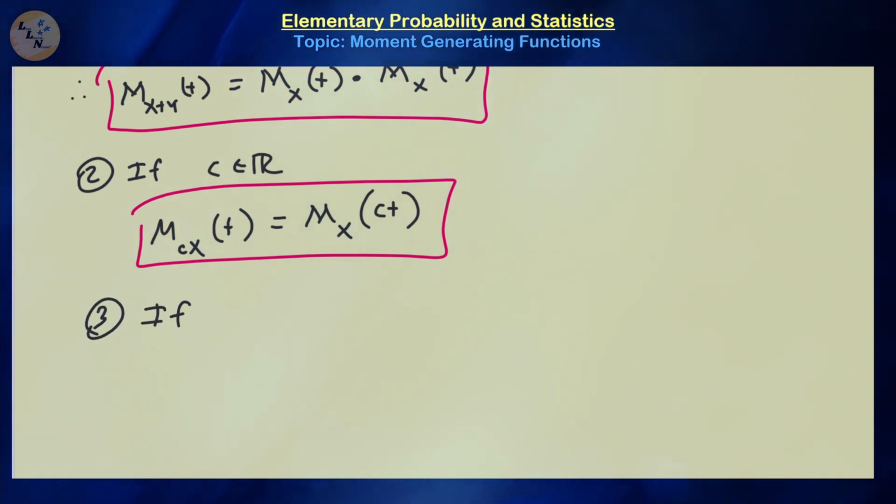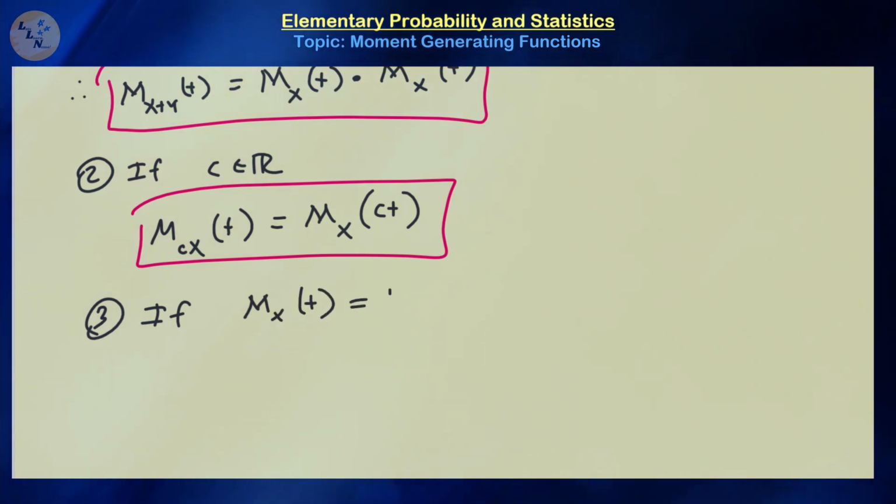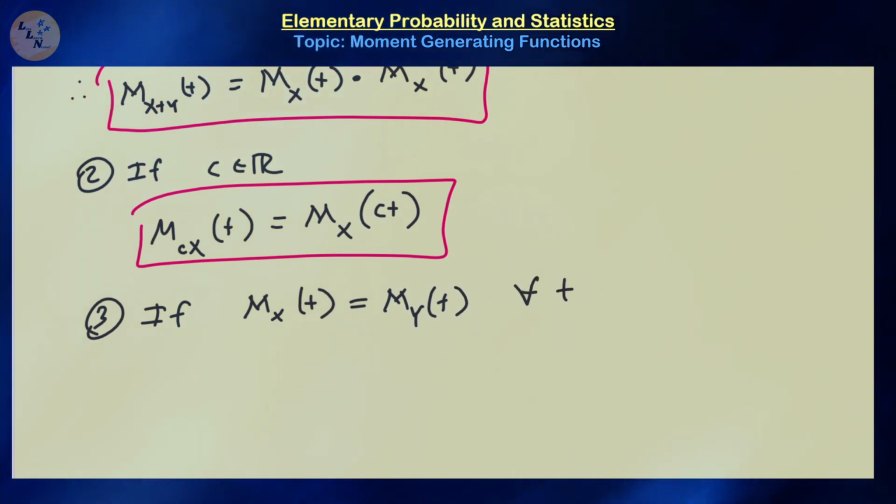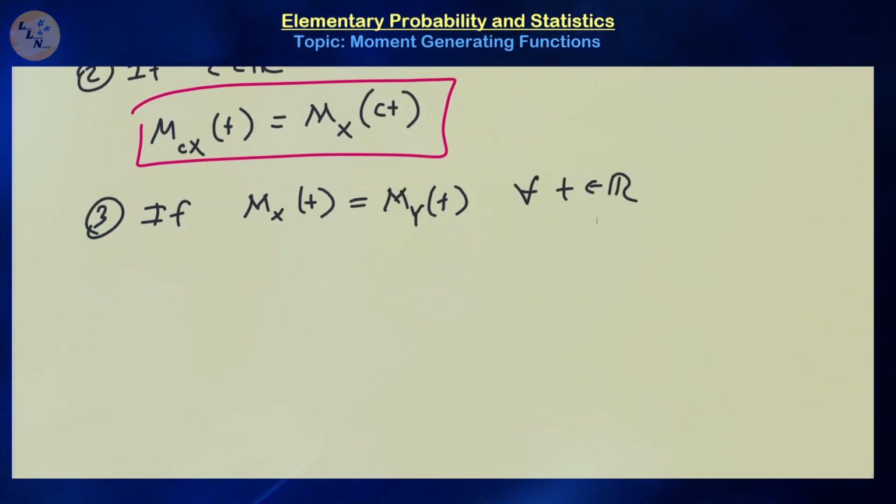Now, let us assume that the moment generating functions for two random variables are equal to one another, and let's assume that this is true for all t in the set of reals for which this expression is defined. Then one should be able to prove that the cumulative distribution functions for these random variables are equal to one another.